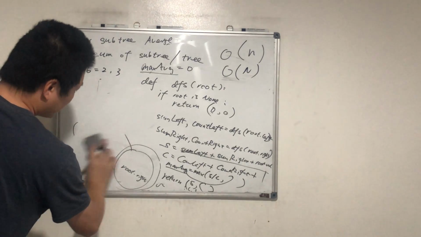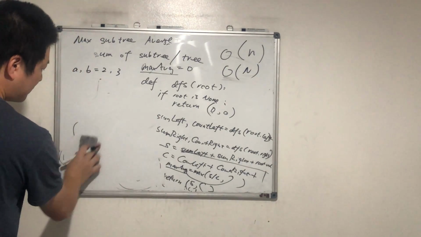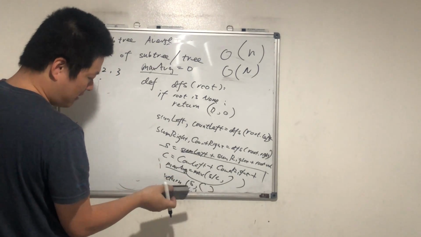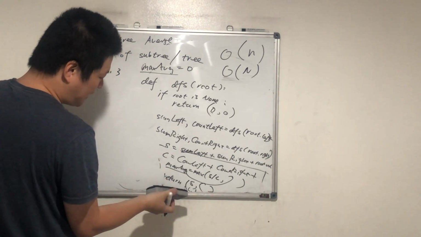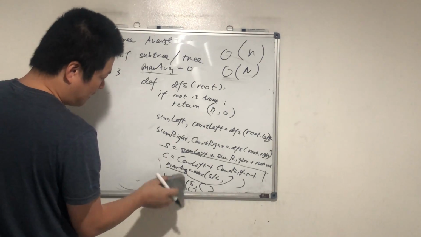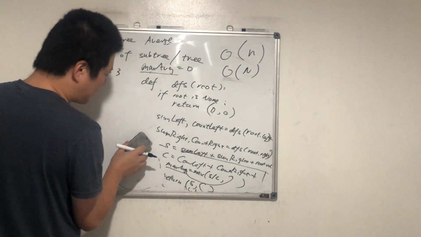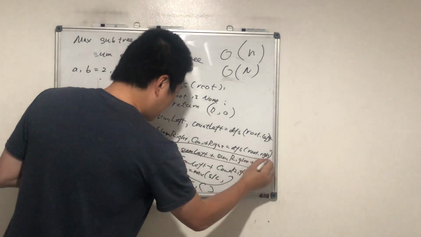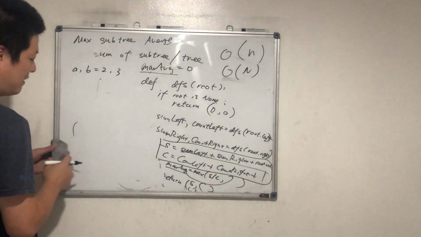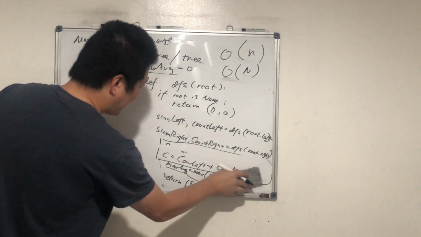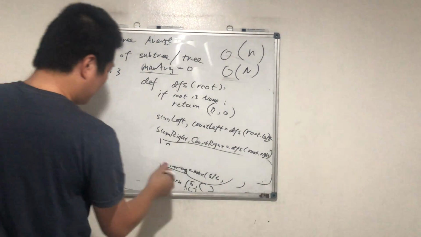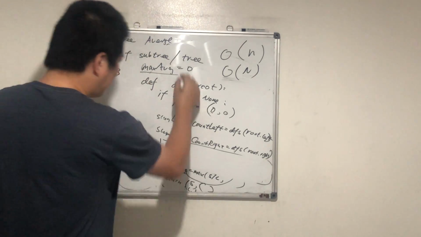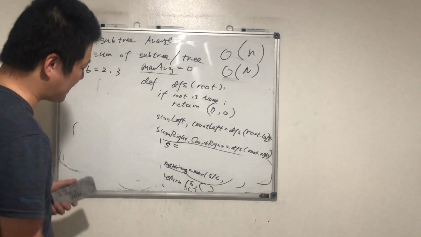So now I'm going to erase. It's easy. I'm just going to erase these two lines. Remember, what's S and C? What's the sum of this root, and what's the count?